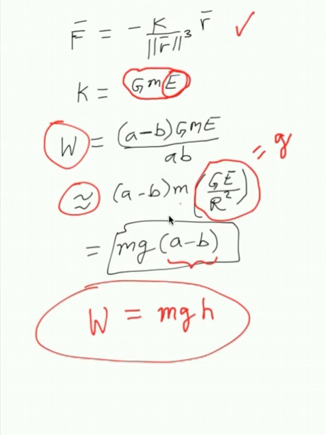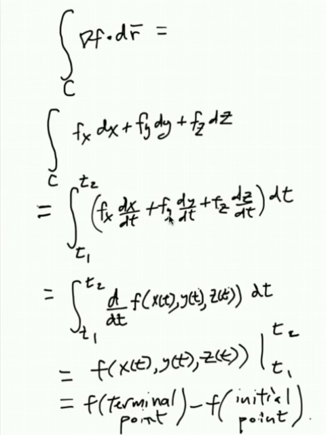Now, one last thing. I just wanted to go back and do a quick proof of why this works for our fundamental theorem. Suppose that I have an integral like this, a line integral, and we imagine our F here being a gradient field, so conservative.